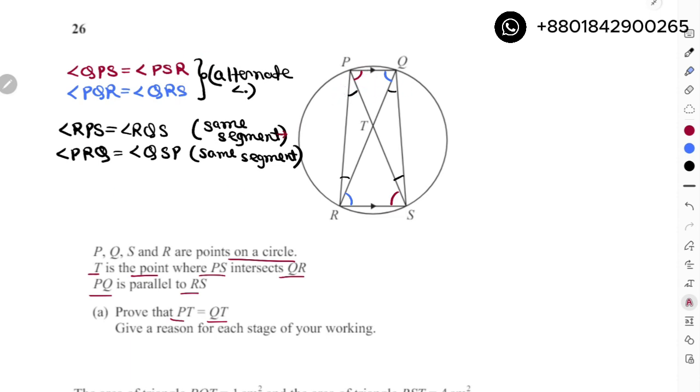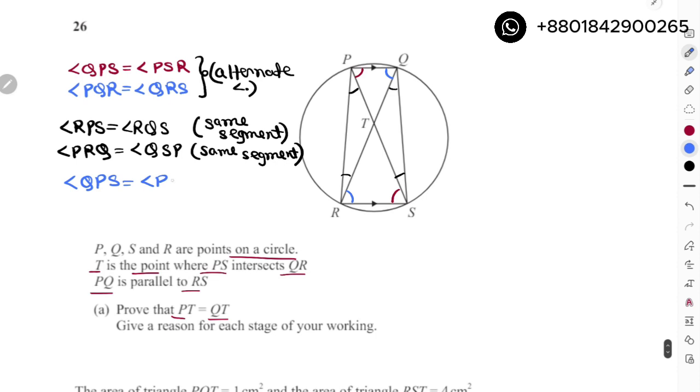So eventually, for all this reason, your angle QPT or QPS, which I have used over here, is equal to angle PQR. If these two angles are similar, that means obviously this is an isosceles triangle, which explains that PT is equal to QT, right?